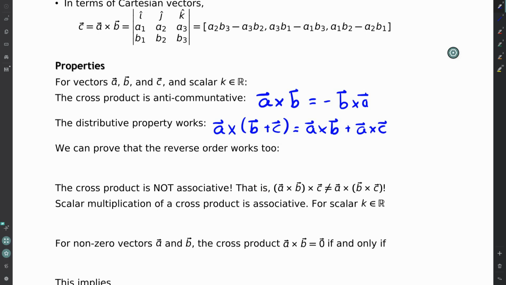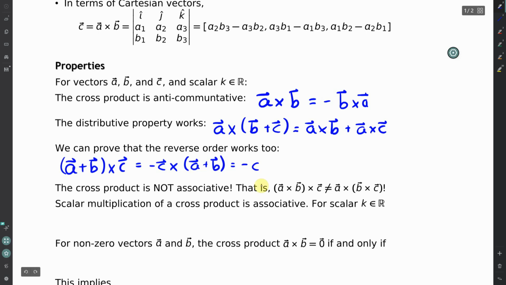If we assume that's true, even though we haven't proven it, then we can show that the reverse order works as well. And by that I mean if we do (A plus B) cross C, we can take what we know and prove that that does expand properly too. So using the anti-commutative property, this is negative C cross (A plus B), which we know how to expand because we are assuming that the distributive property works.